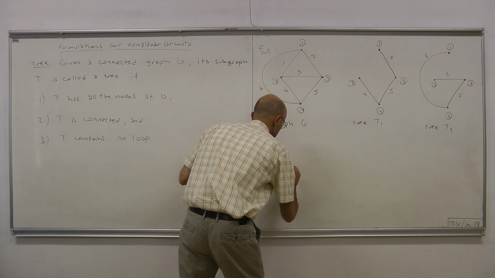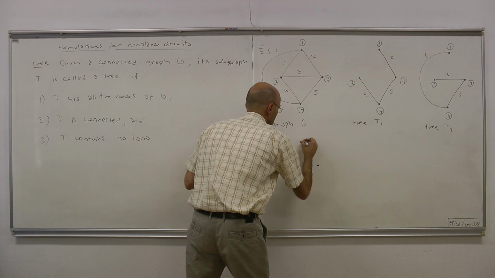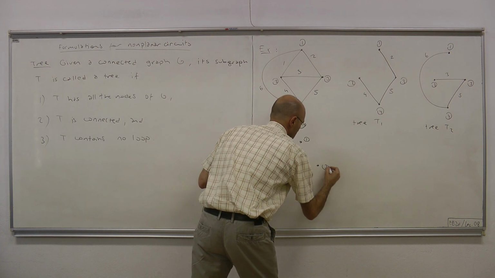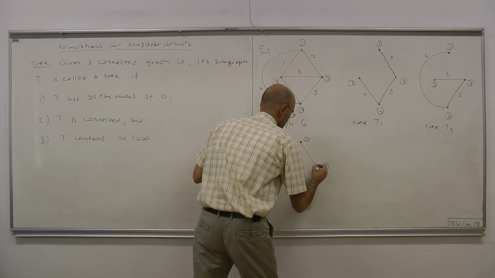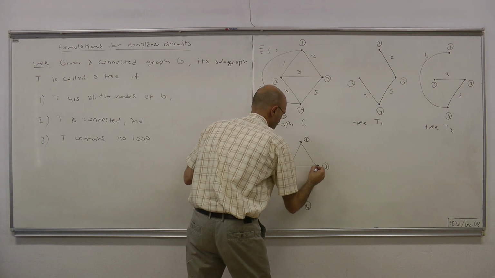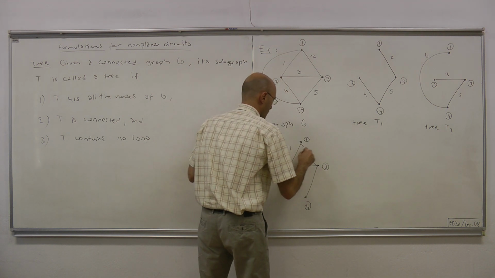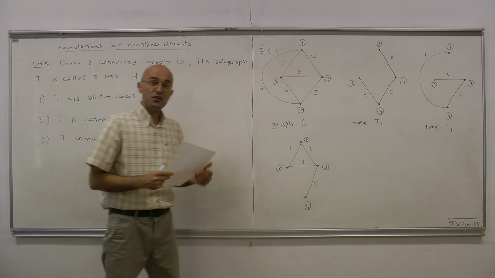Whereas this one here, 1, 2, 3, 4. Okay. This is 1, 2, 3, 5. This is not a tree.